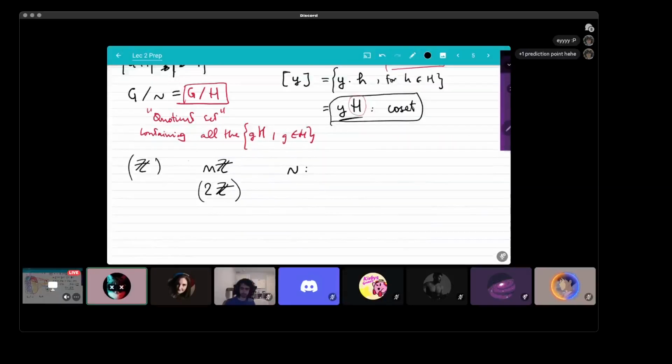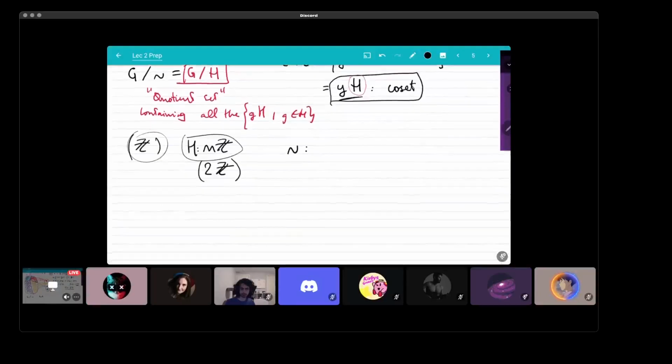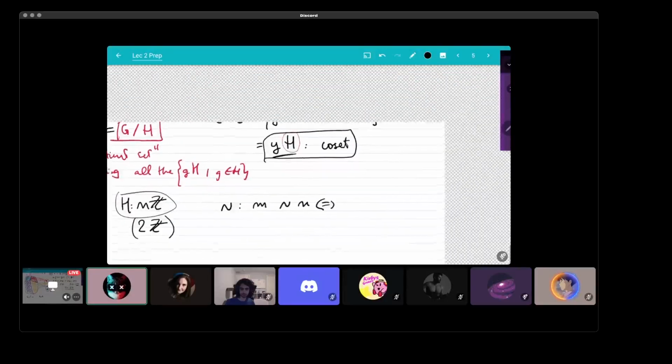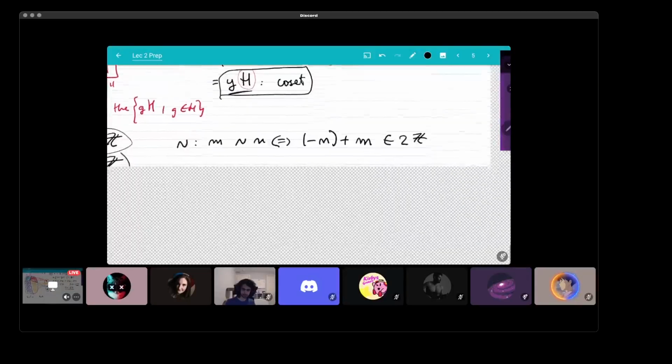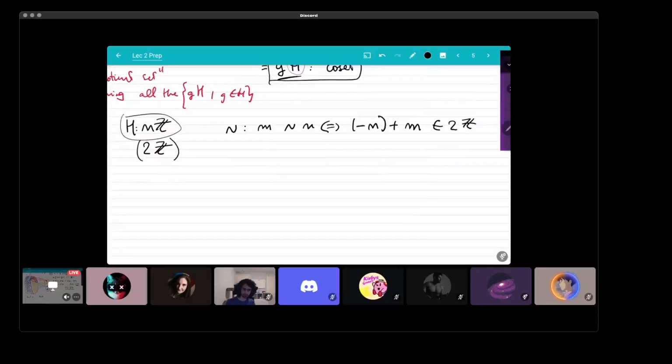So now this is our H and this is our G. M is equivalent to N if and only if, originally it was the inverse of N, so here it's minus N plus M, is in 2Z. This can be written as M equals N plus 2Z.